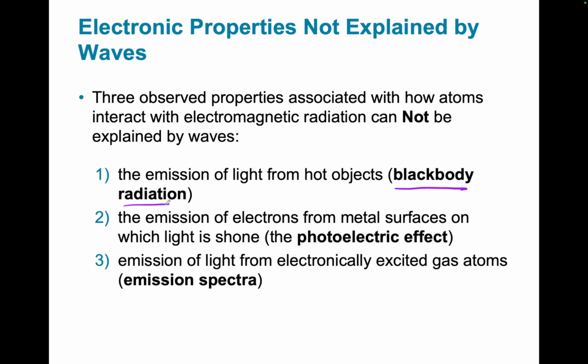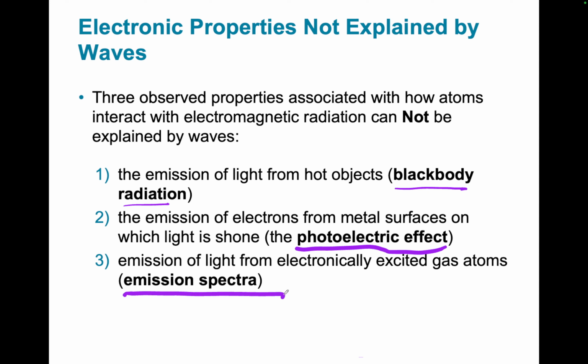What are some other things? It doesn't account for the photoelectric effect, which we talked about before. That's the basis for your solar panels and stuff. This is actually how Einstein won the Nobel Prize. And the other thing that waves don't really explain is emission spectra.